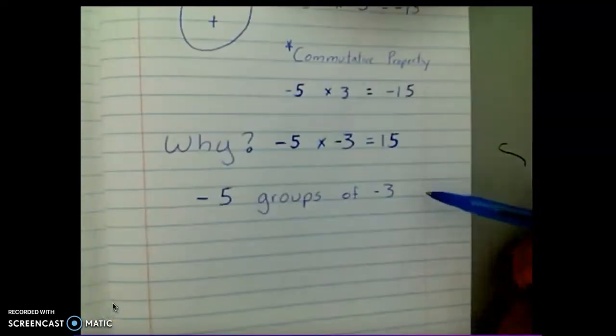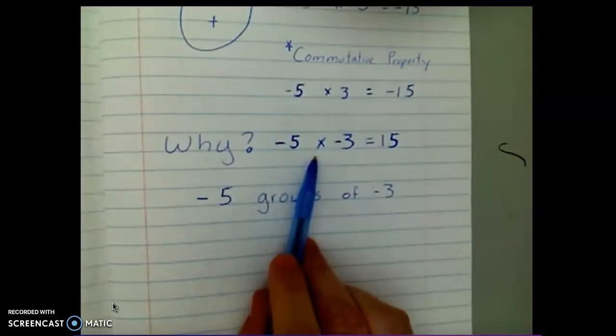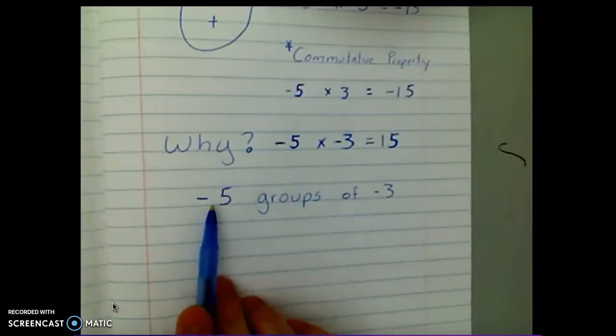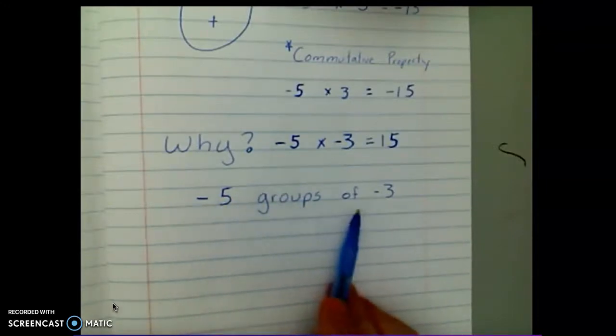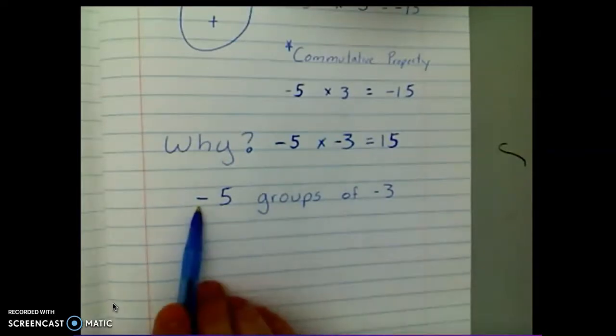Remember how we talked about groups and that multiplication was repeated addition? Let's take a look at what this means. So we've got -5 groups of -3. And you're thinking, wait. How can I have negative groups?